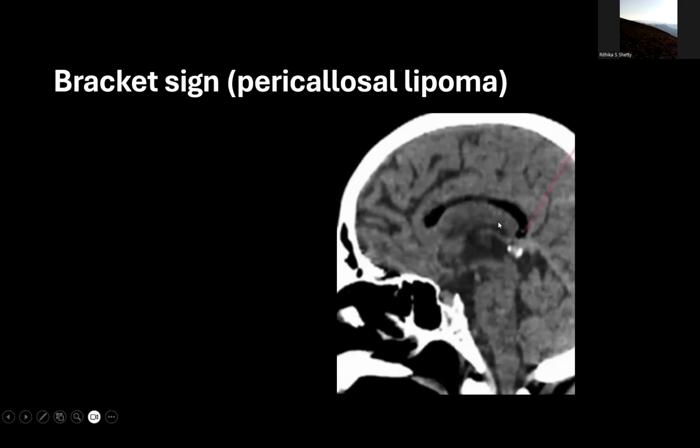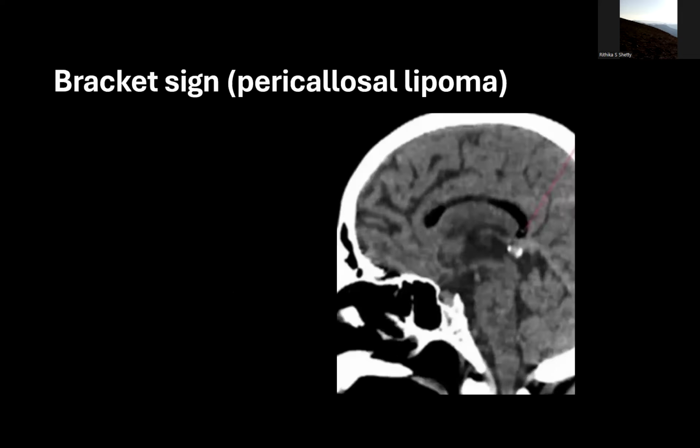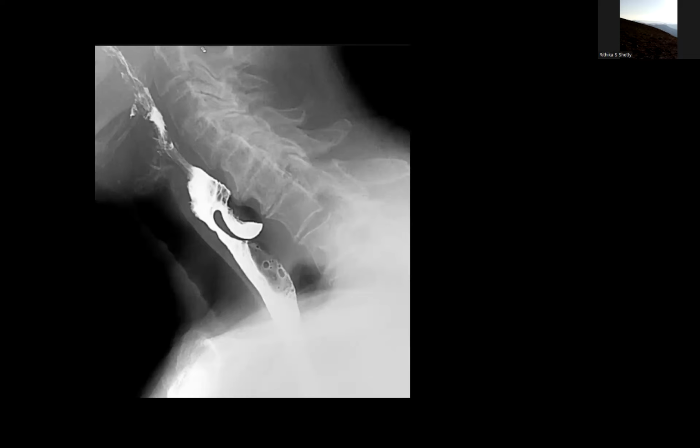So this is sagittal image of it without calcification. This is the coronal image of one other patient which is having calcification. Spotter number 3.